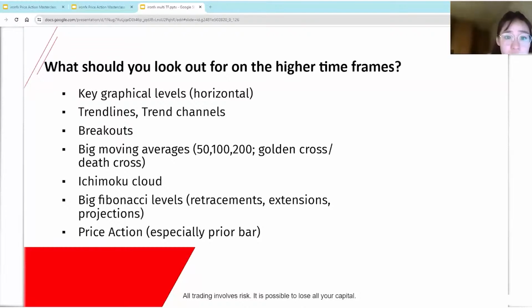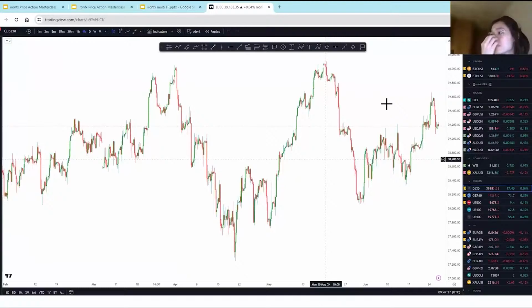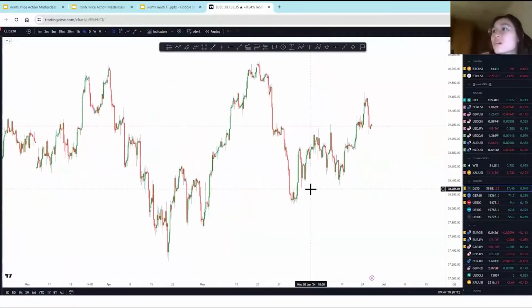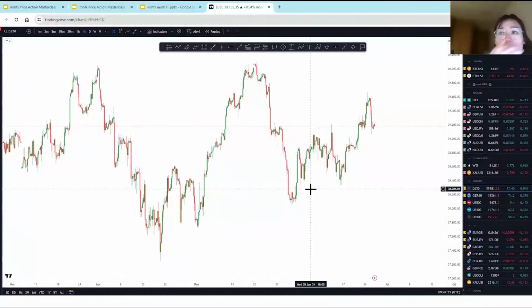Okay, setting up Ichimoku on your phone or laptop. I can show you how to do it on TradingView. Let me just open my TradingView. Okay, so this is just a random chart that I have open.